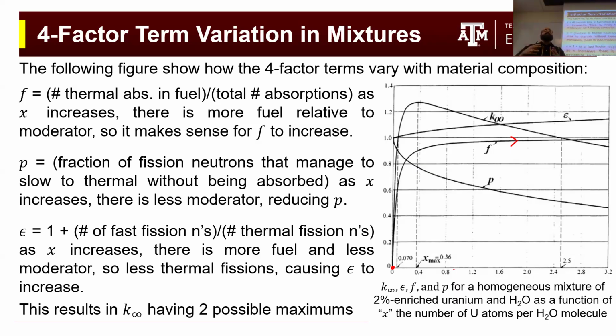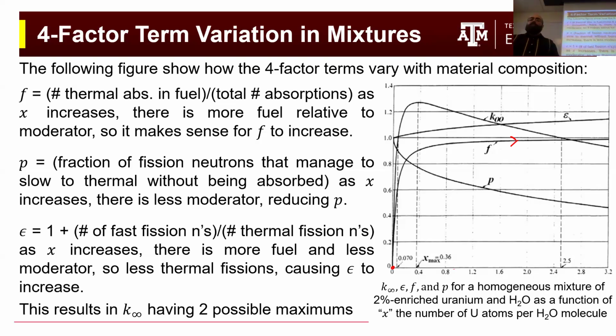If you have less moderator, then fewer neutrons are able to get to thermal energies before they're absorbed. So as x goes up, the resonance escape probability goes down, because you're increasing the chance of resonance absorption in the fuel if you have more fuel and less moderator.